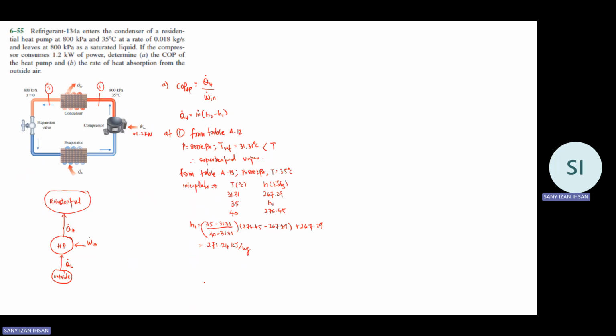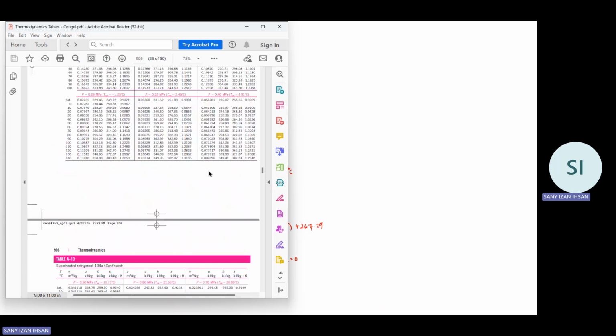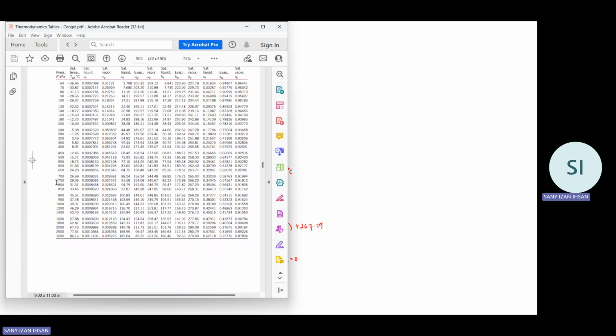All right, so at state 2, you are already given it is saturated, in fact saturated liquid. So immediately you can simply use table A12, for the value of P equals 800 kilopascal, and you know specifically X equals 0. The quality is 0, saturated liquid. So if you refer to the table, we have 800.